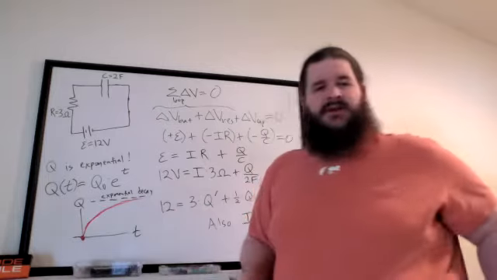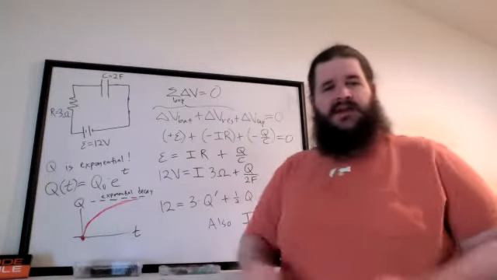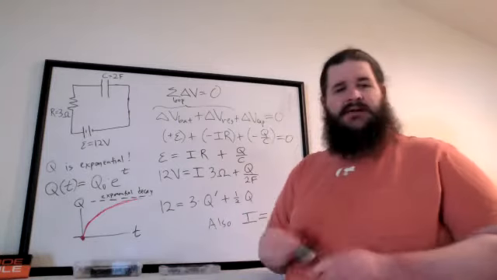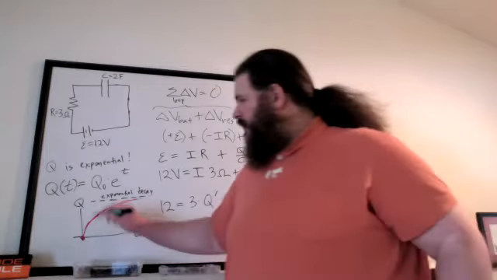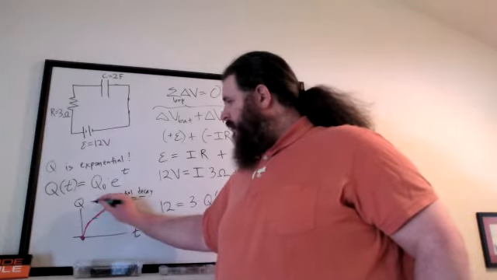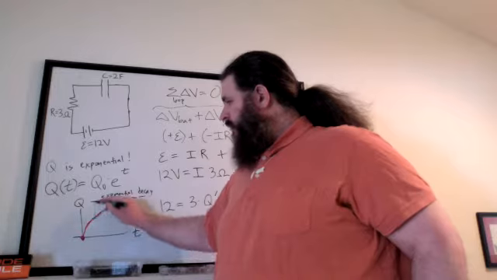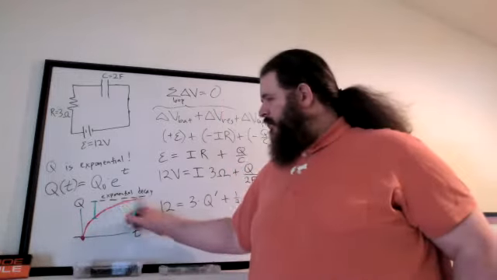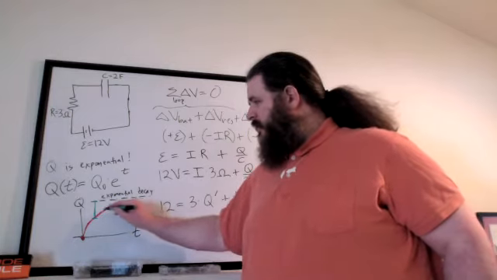And I know it's tempting to call this growth because the value is increasing. But what's actually decreasing here is the difference between the value and the asymptote. If you take a look at what's going on at some instant in time, here's the value, here's the asymptote. There's a difference between the value and the asymptote. If you wait a little bit more time, the value has increased.